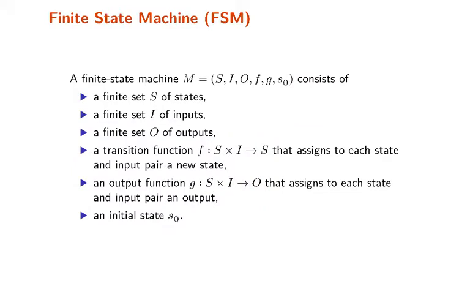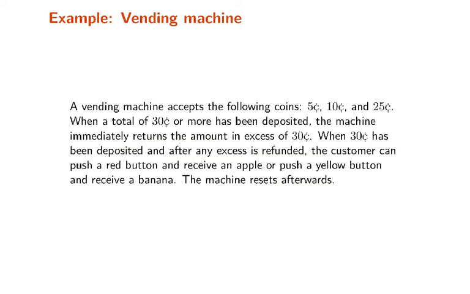Let's see an example where we can identify all these things. So, let's consider the example of a vending machine. This is a vending machine that accepts the following coins: 5 cents, 10 cents, and 25 cents. Only these three coins.